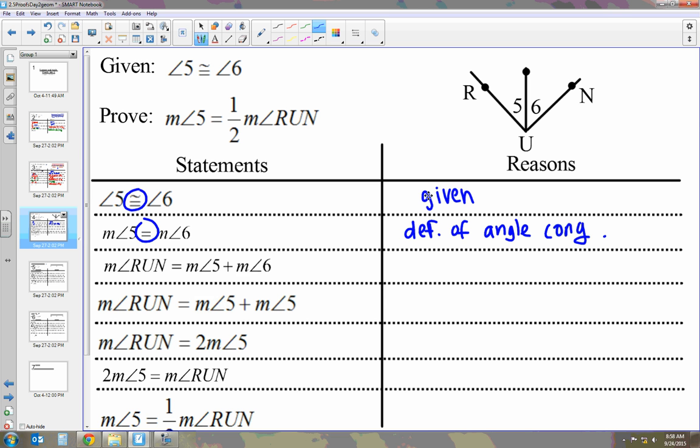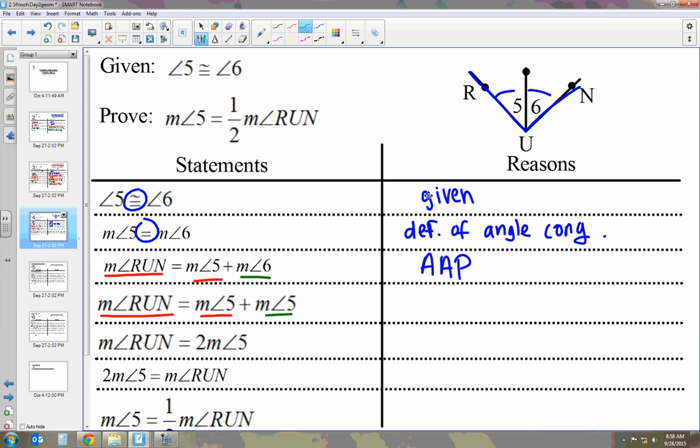Well, let's check our picture. RUN is equal to 5 plus 6, which is part plus part equals whole, which is true. And that's our angle addition postulate. Next, I notice that these two are the same, these two are the same, but our 6 and our 5 have changed.